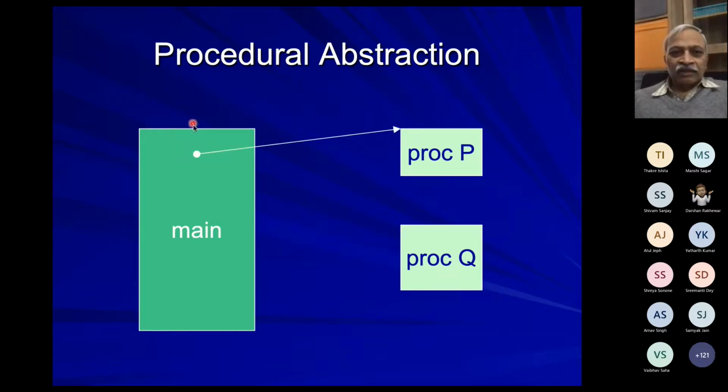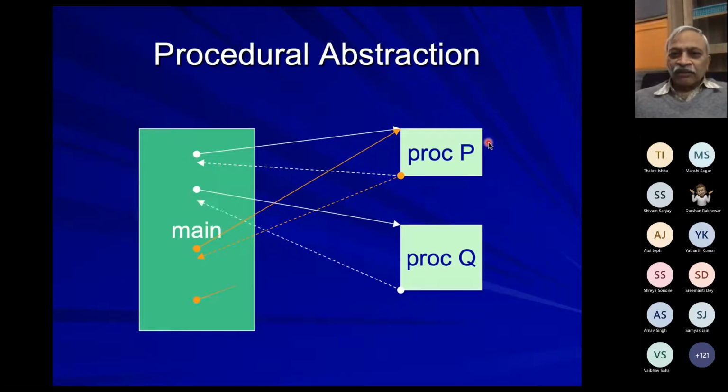So for example, let's say main is a sequence of statements. At some point you call P, and then the function defined by P is done and you get back. You can call P again from some other point and get the same thing done, of course possibly with different parameters. These procedures are usually made generic in the sense that you can specify some arguments or parameters over which they perform computation. Similarly, you could have calls and returns for Q.